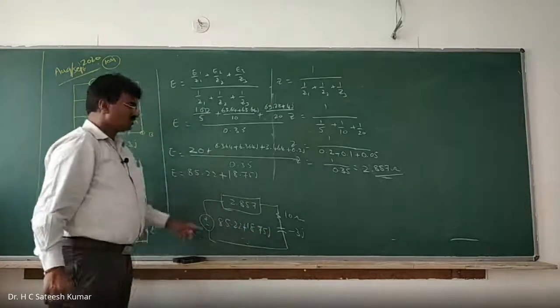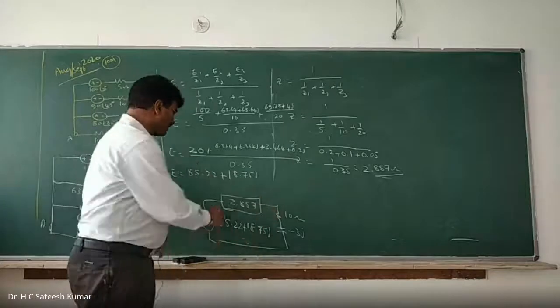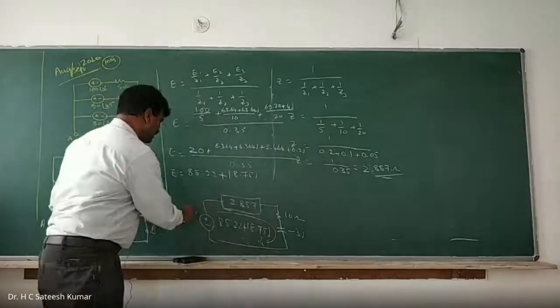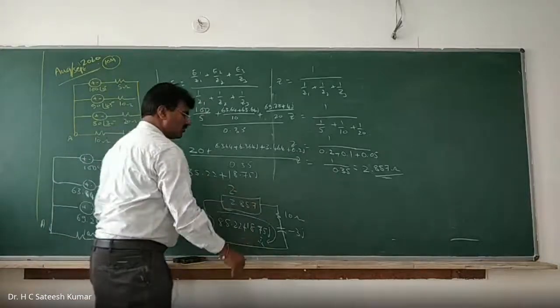Now these two are in series. Now you find out IL. Okay, Z also I have written, E also I have written. E, this is Z, this is load. Okay, this is AB.